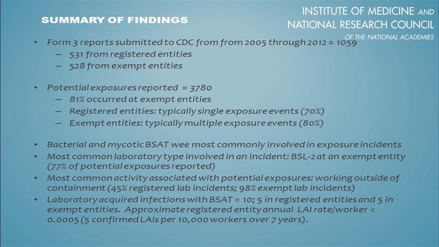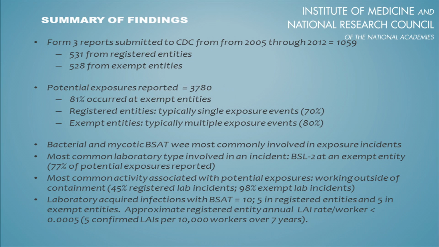So in summary, from 2005 through 2012, CDC received about 1,000 reports of incidents involving select agents. There were 3,780 individuals potentially exposed, of which 81% of those were from exempt entities. The typical type of event that occurred at a registered entity was a single exposure event, and the typical type of event that occurred at an exempt entity was a multiple exposure event.